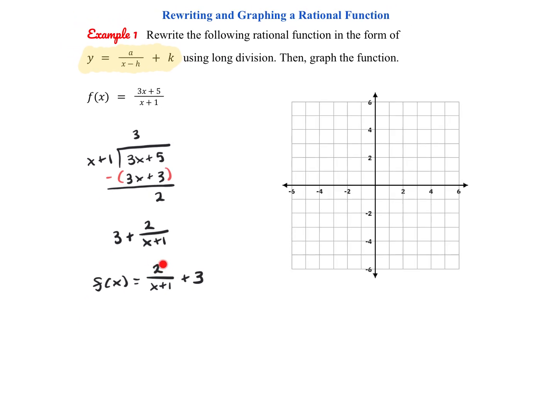We do have a vertical stretch by a factor of 2. I'll write out the transformations. Vertical stretch by a factor of 2. And then we have that horizontal translation left 1, which will also shift our asymptote to the left 1.